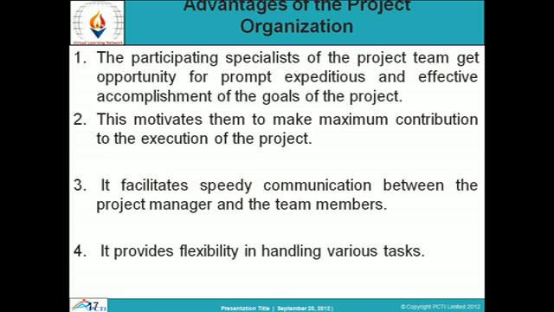Advantages of the project organization. The participating specialists of the project team get opportunities for prompt, expeditious, and effective accomplishment of the goals of the project. This motivates them to make maximum contribution to the execution of the project.